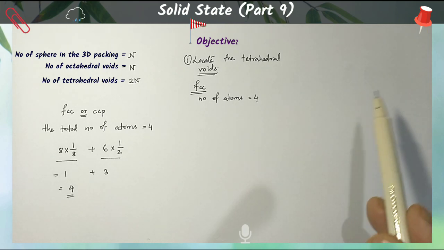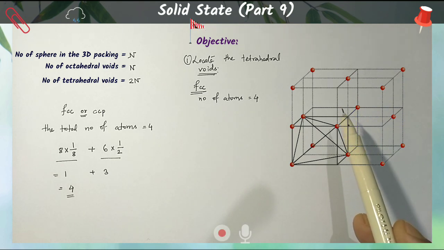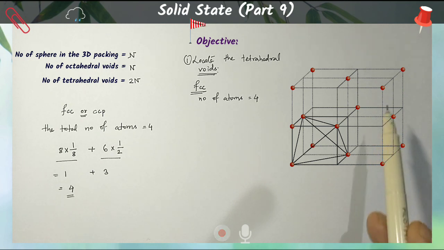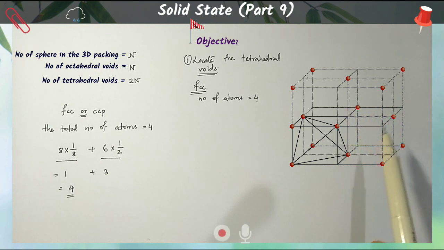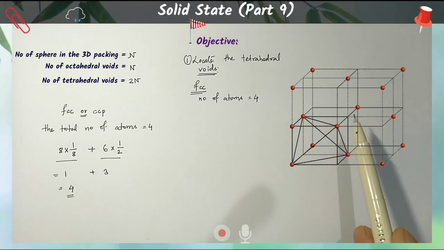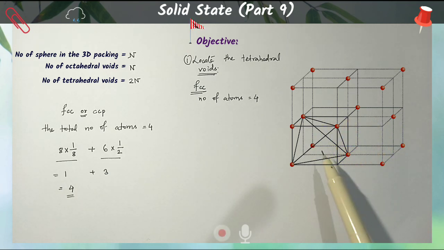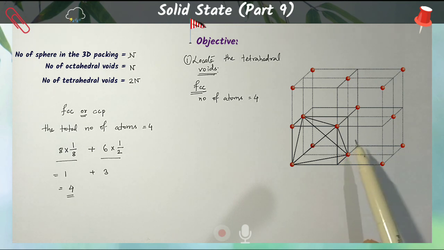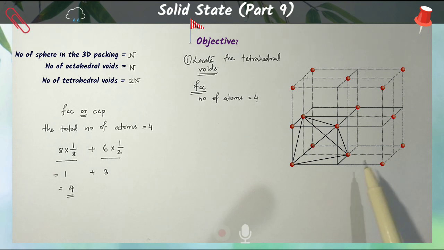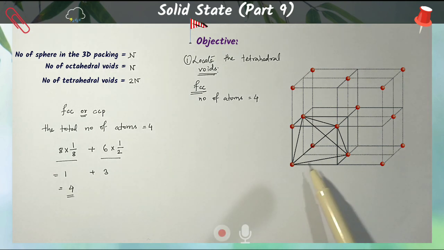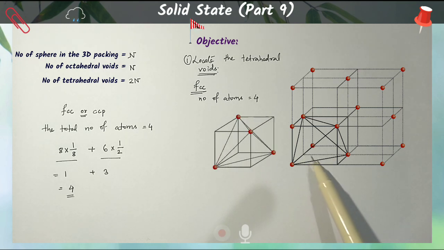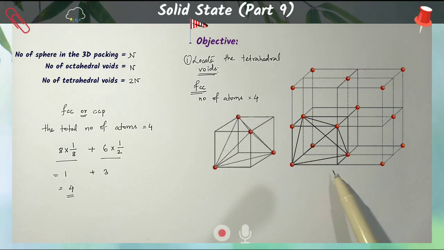So let's suppose this is the FCC unit cell, which is shown in figure 1. I am taking this figure from your NCERT book. Here we can divide this FCC unit cell into 8 small cubes, as shown in this figure. You see, in one small cube a total of 4 atoms are present.